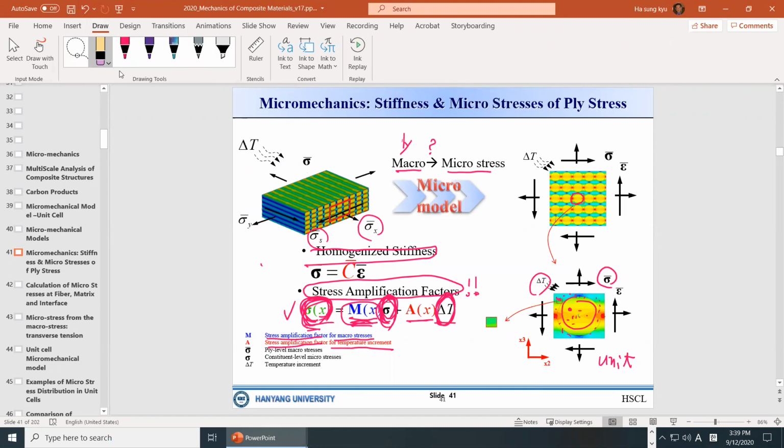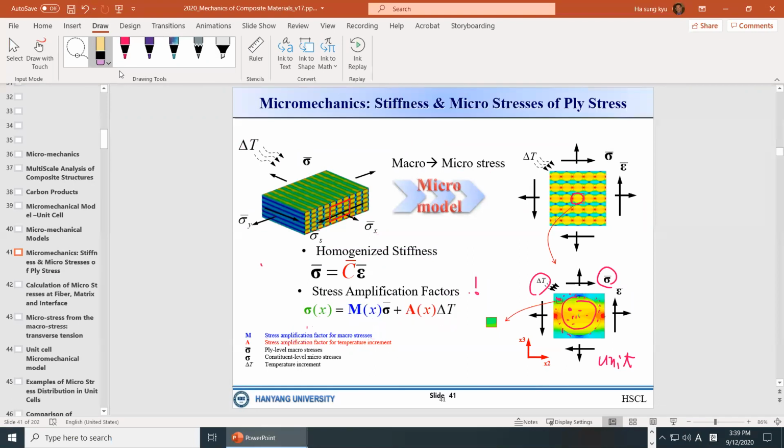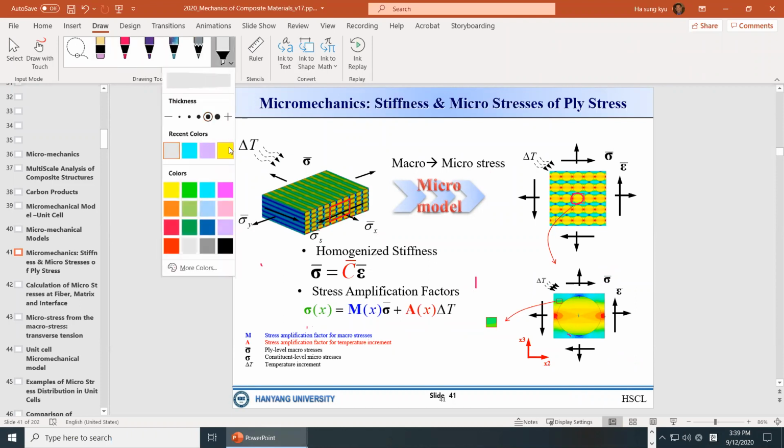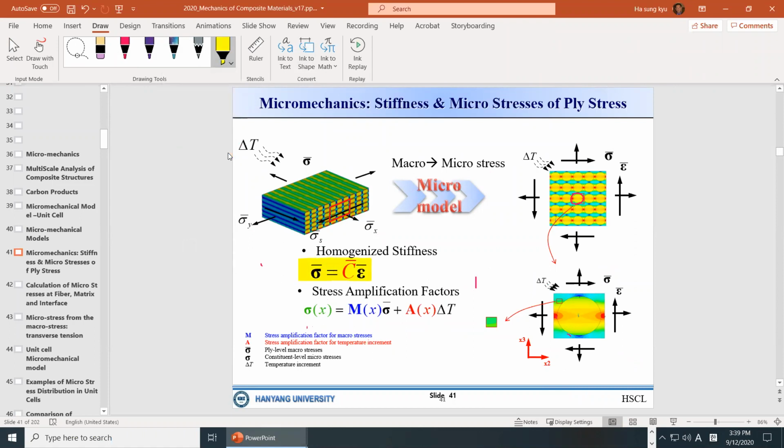Let me delete all of this writing. So what we need to understand from this micromechanics is just two most important concepts: using micromechanics, we calculate a homogenized stiffness, and we get these stress amplification factors.